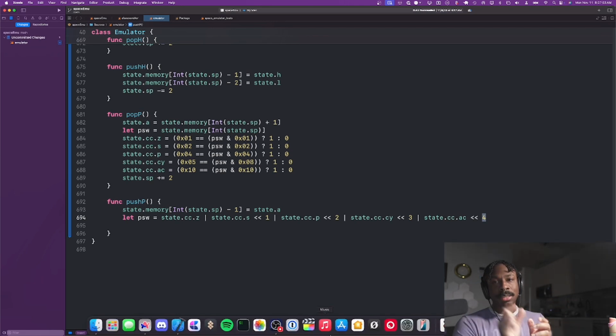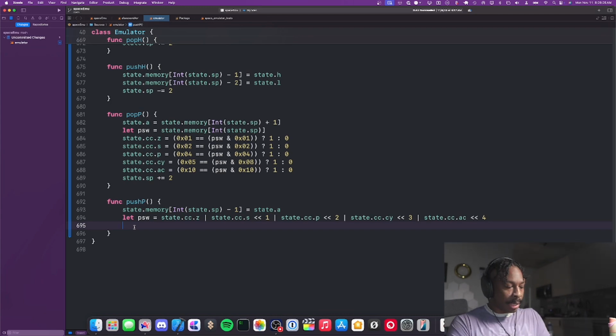Each of those gets its spot: the 1 for the zero flag will be in the first spot, the 2 for the sign flag in the second spot, the 3 for the parity flag in the third spot, the 4 for the carry flag in the fourth spot, and the 5 for the auxiliary carry in the fifth spot. That way you can store them in one number. It'll make it a lot easier to operate on.